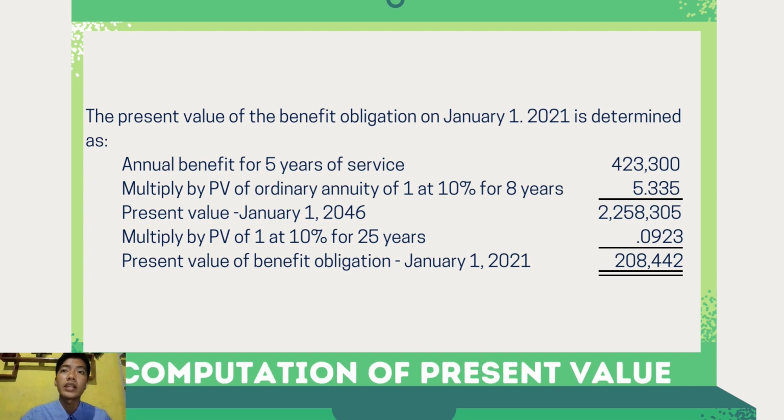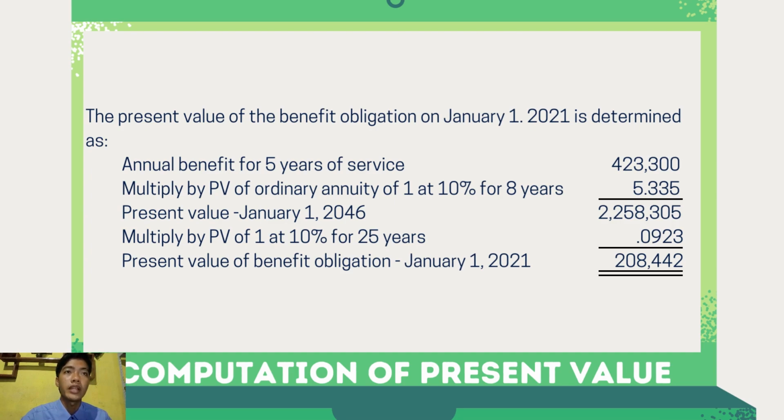And then the present value naman na magiging actual value sa January 1, 2046 ay 2,258,305 ay mamultiply sa PV of 1 at 10% for 25 years or 0.0923. And then magiging present value ng benefit obligation sa January 1, 2021 ay 208,442.